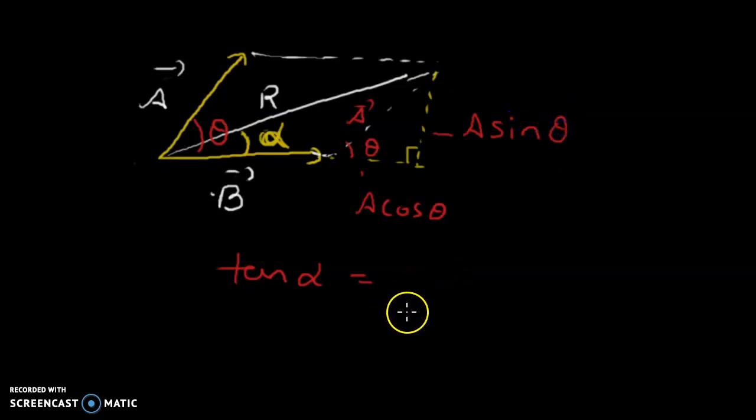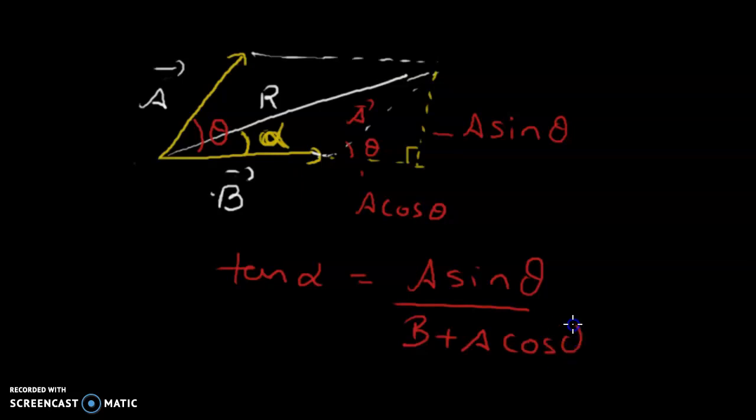So tan alpha would be equivalent to A sin theta over B plus A cos theta. So this is how I can find what angle the resultant vector makes with the B vector. Now we'll do some problems over it.